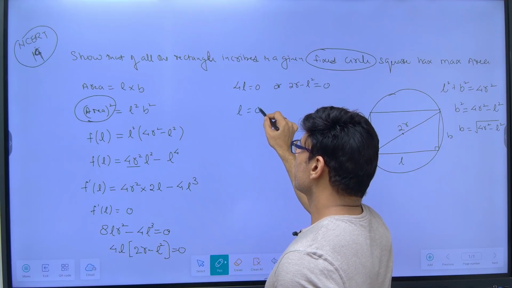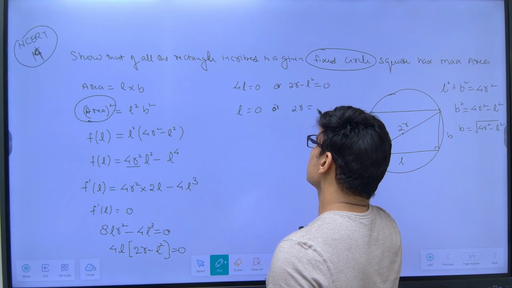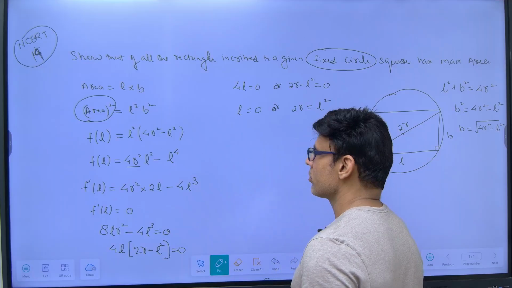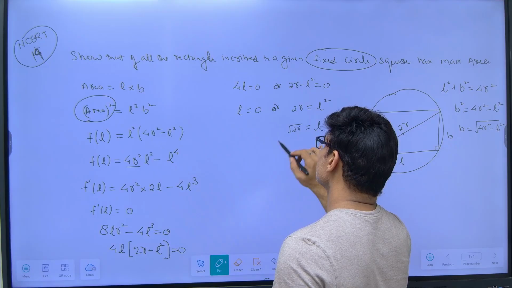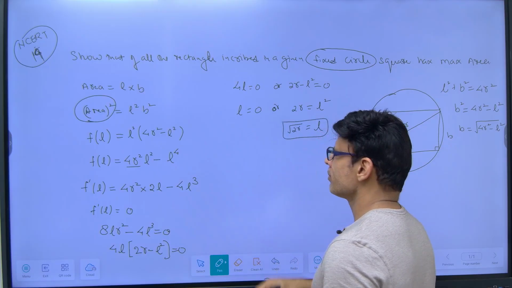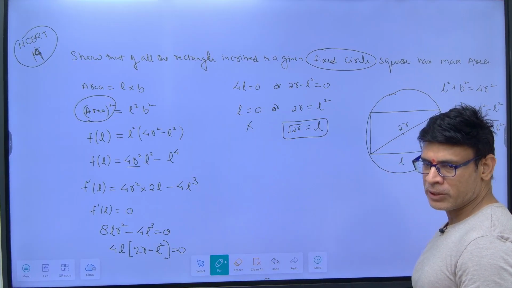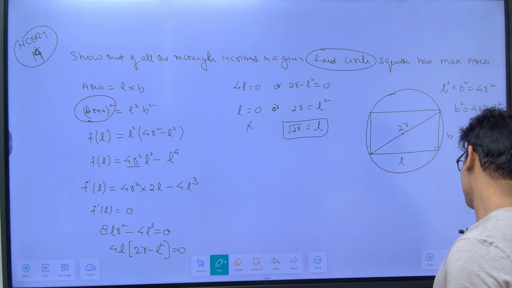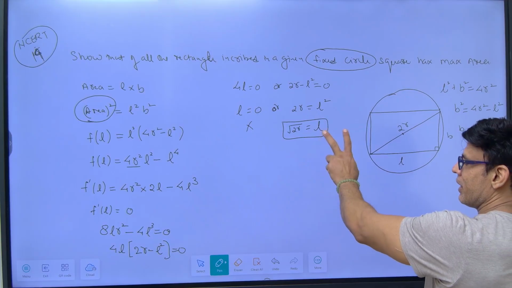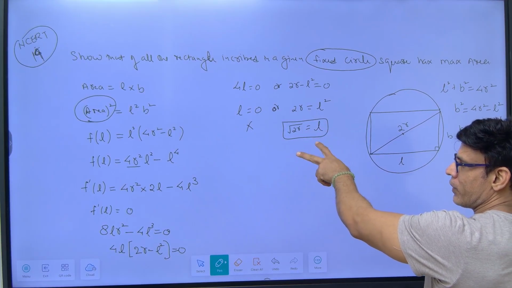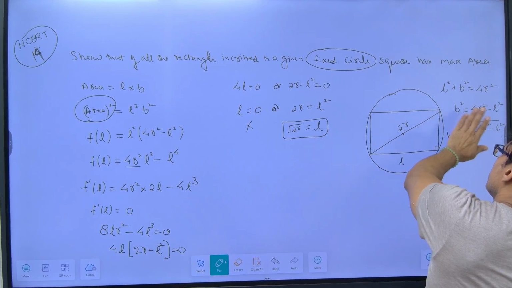So L will be equal to 0 or 2R is equal to L square. L will be equal to, right? Ignore, length cannot be 0. So if L is 2R, after this you have to differentiate it and then you have to check if it gives maxima, then substitute the value of L in any of the equation, right?